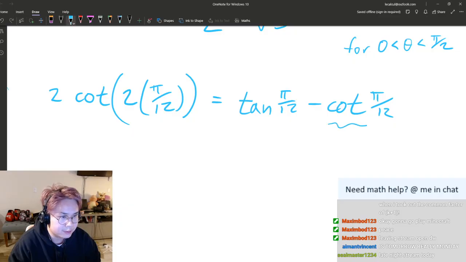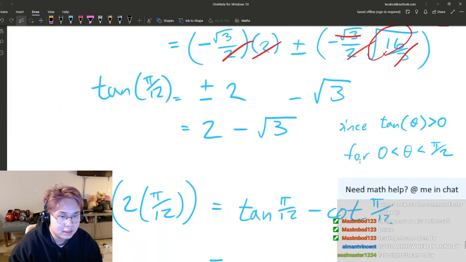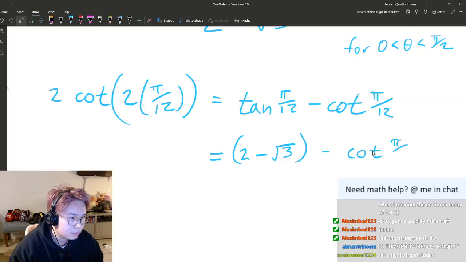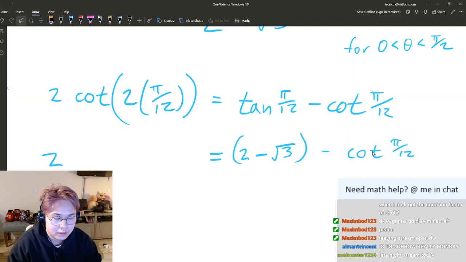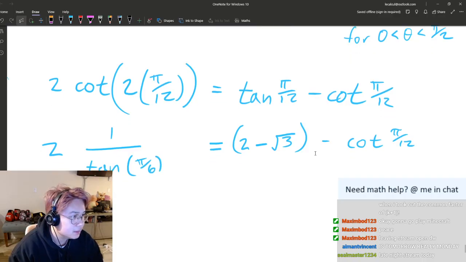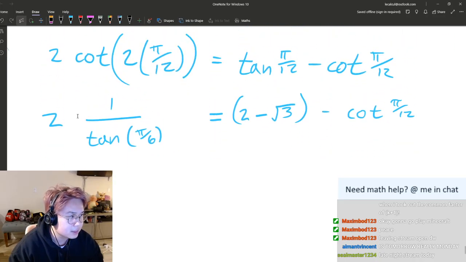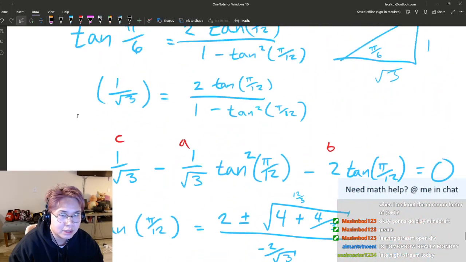Okay, and then we're trying to solve this. I know what this is from part C. It's root 2 over 3, or 2 minus root 3. And then over here, I can easily calculate this because I know what 10 pi over 6 is. We calculated that earlier.